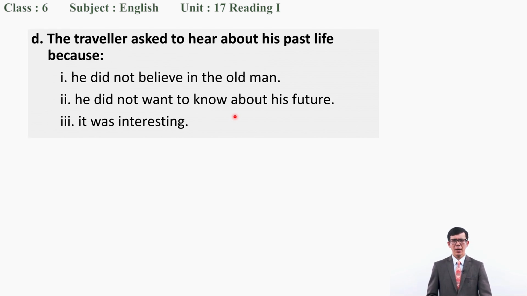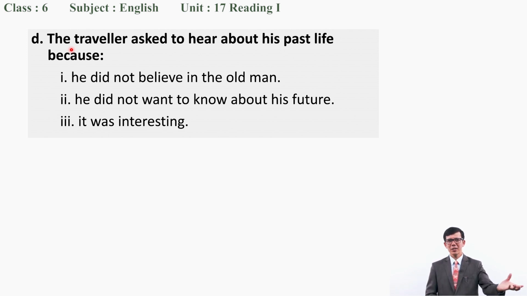And what about this? The traveler asks to hear about his past life because, when the old man said, I want to tell about your future, basically the young man, the speaker, did not believe in palm reading, fortune telling, right?